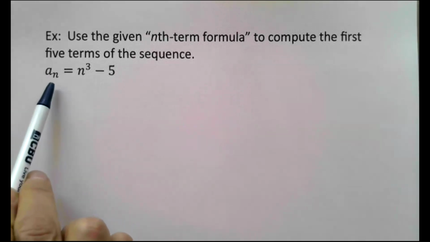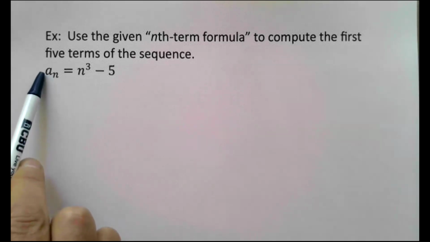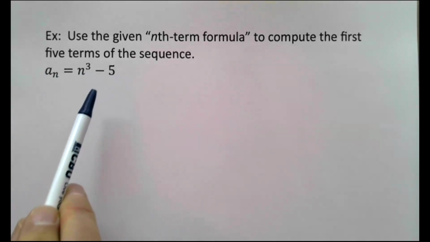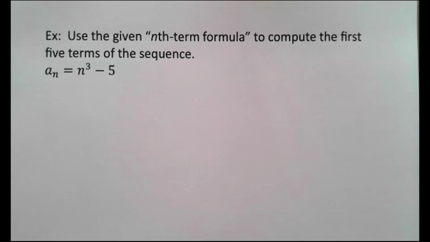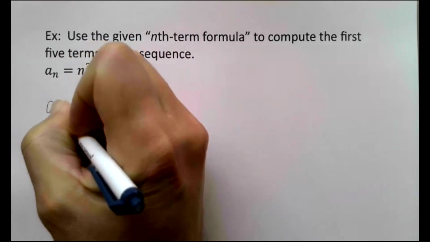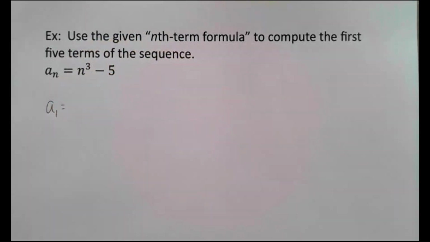This is called a sub n. This formula says a sub n equals n to the third power minus 5. When we have a sequence, the first term of the sequence, we can refer to it as a sub 1. Again, this is brand new notation. I don't think we've ever talked about this yet.